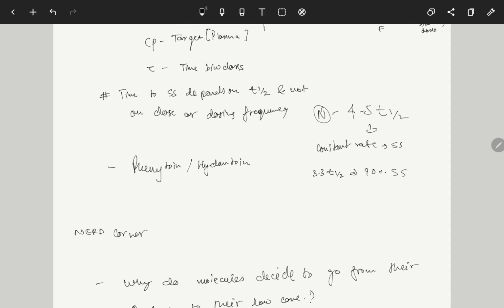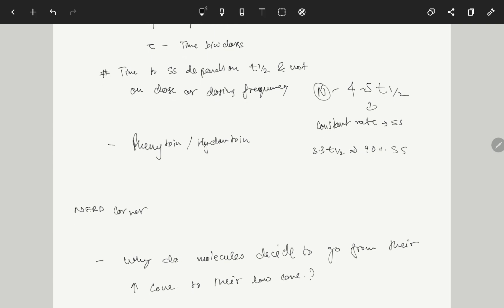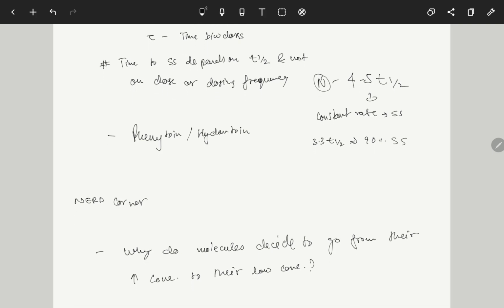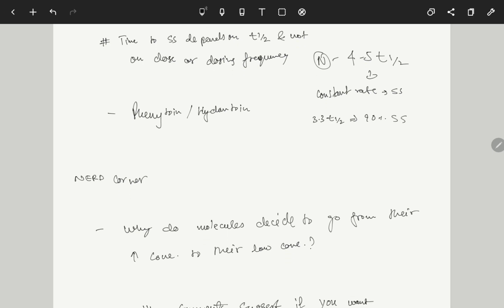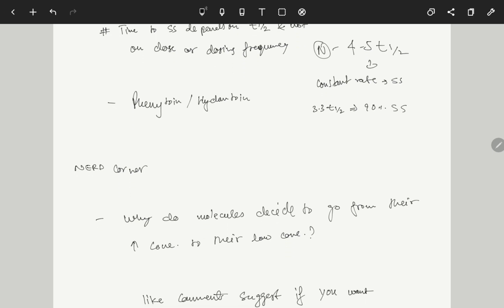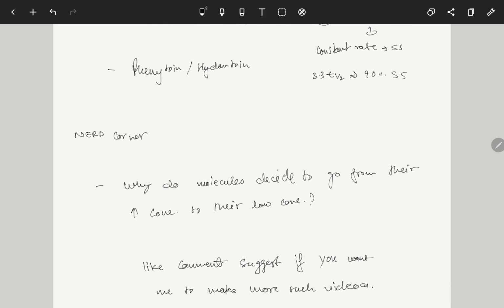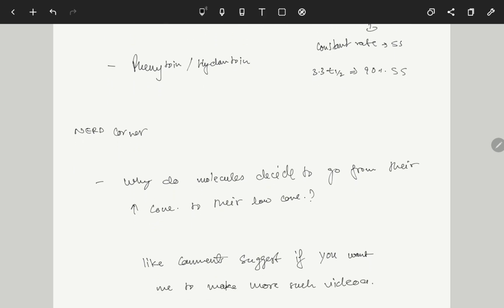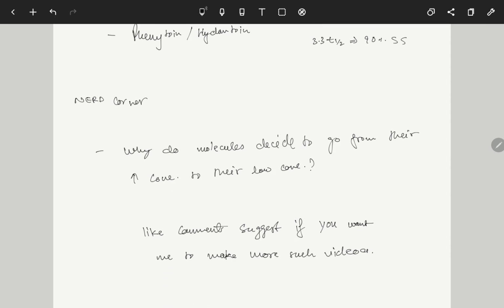And like I said, time to steady state depends upon half-life and not on the dose or dosing frequency. It takes 4 to 5 half-lives for steady state normally, and in 3.3 half-lives 90% of steady state is usually achieved.